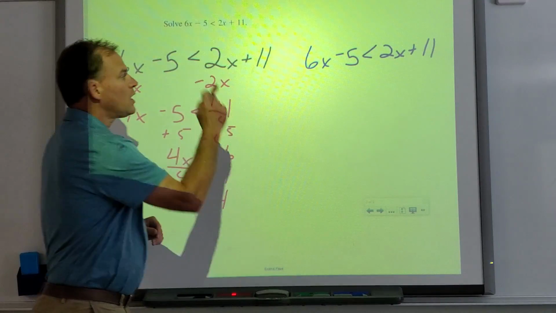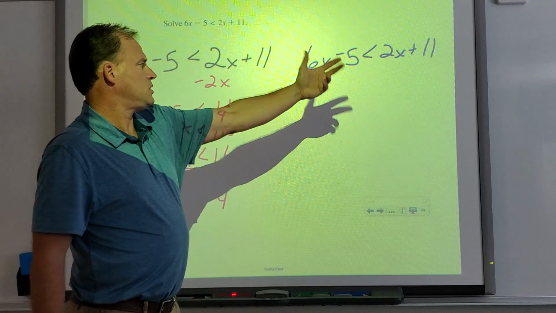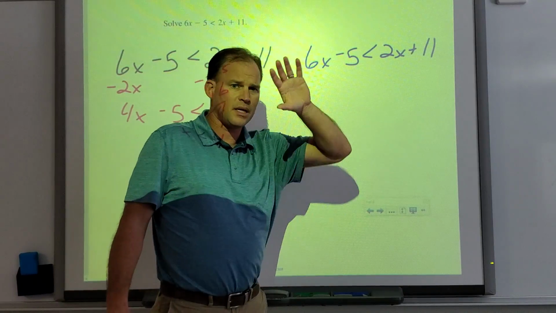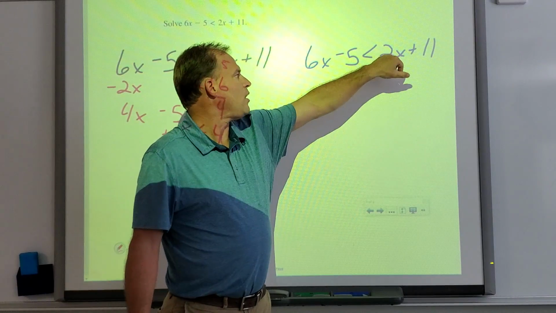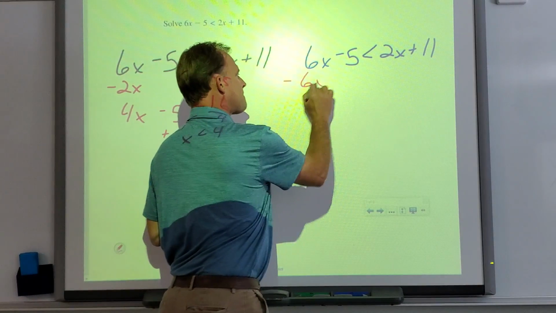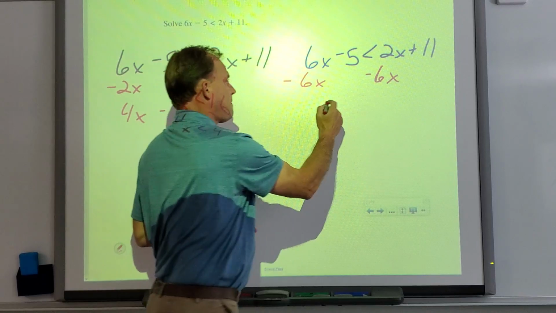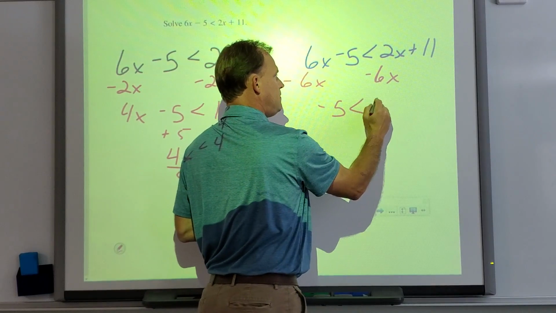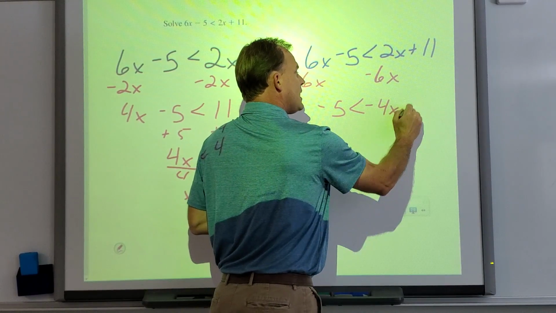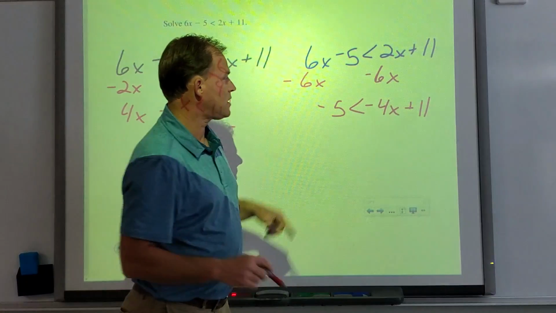Cool. What if you would go the other way with the variable? Now, not very many people would want to do that because this is a smaller number, but in case this would be 12 or something like that, some of you like to deal with positive numbers. Can you do that? All right. Watch your stuff. Remember the negative is with the 5.